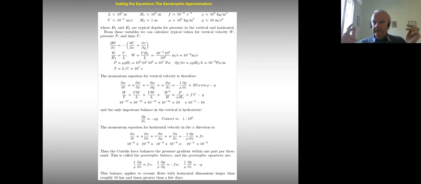So if we are talking about processes which have scales larger than 50 kilometers and change on a time scale of a few days, then the geostrophic balance functions.